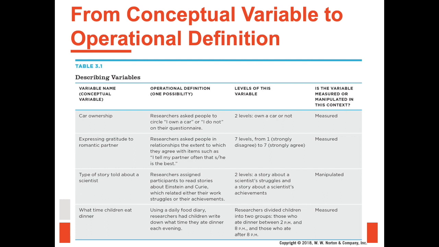Another one, expressing gratitude to romantic partner. This, you can see, is a little bit more complicated than just saying, do you own a car? So we understand what it is at the conceptual level, but when we operationalize it, we have to think, how can we actually measure this? And so often what we'll end up giving people is a number of items, so a number of questions that they can rate on a scale.